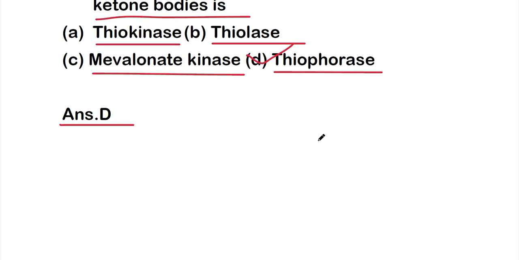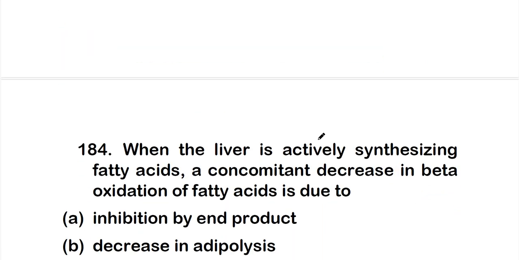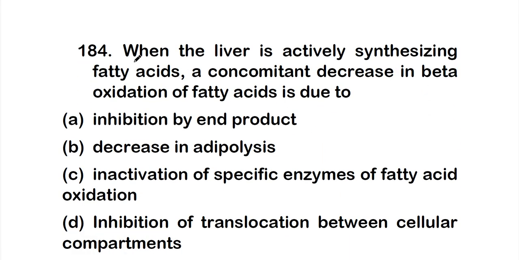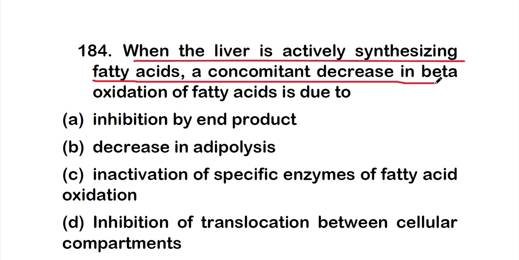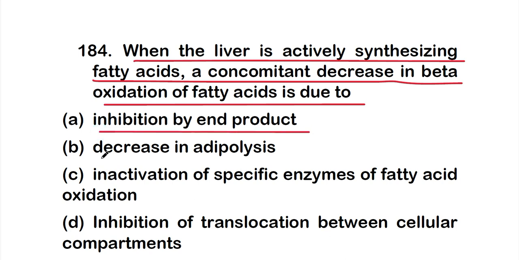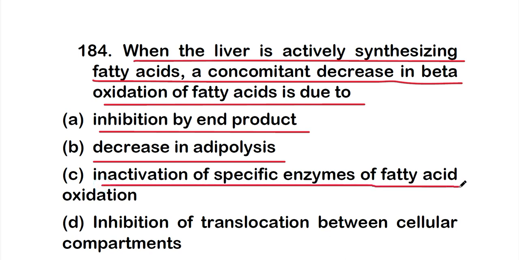Okay, so next question, let's see. Next is question number 184. So when the liver is actively synthesizing fatty acids, the concomitant decrease in beta oxidation of fatty acids is due to option A inhibition by end product, option B decrease in lipolysis, option C inactivation of specific enzymes of fatty acid oxidation, or option D inhibition of translocation between cellular compartments.